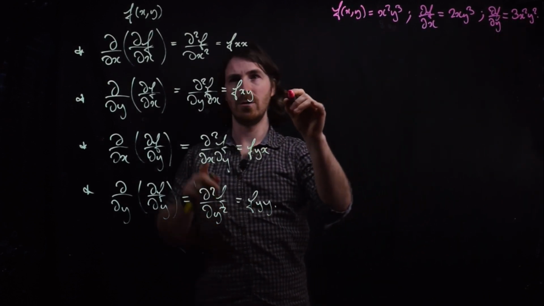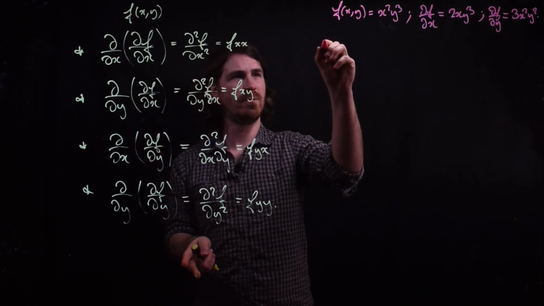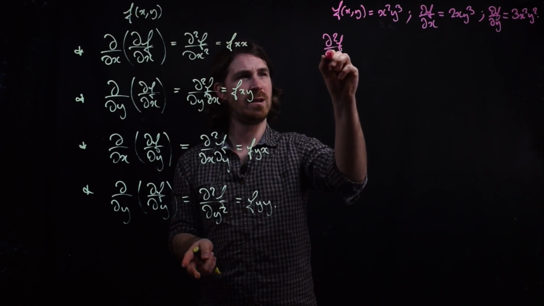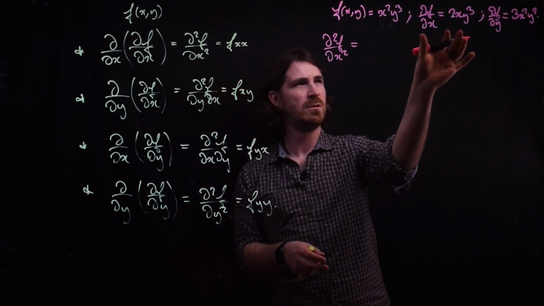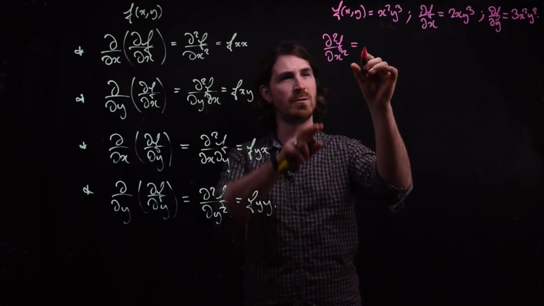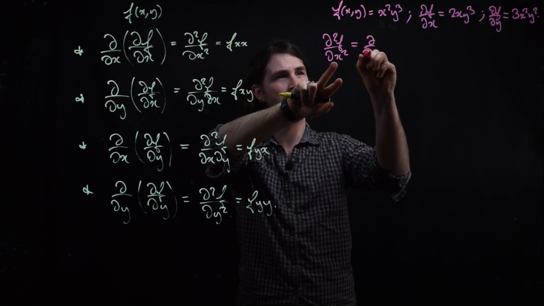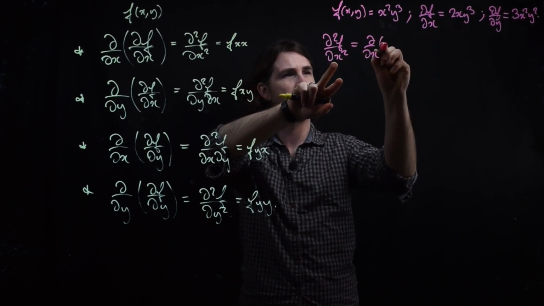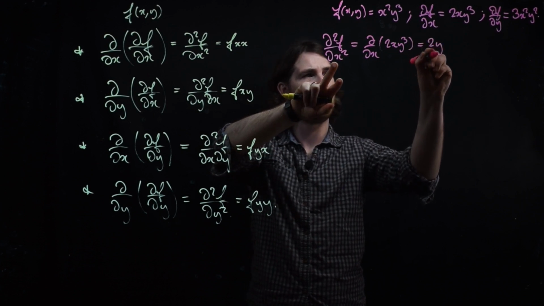So what do we have for each of our four cases? We have that d2f by dx squared is the derivative of df by dx with respect to x, so it's d by dx of 2xy cubed, which is just 2y cubed.